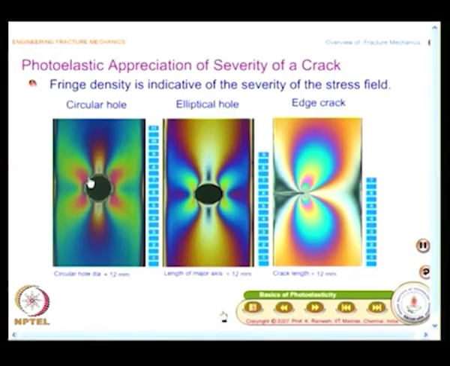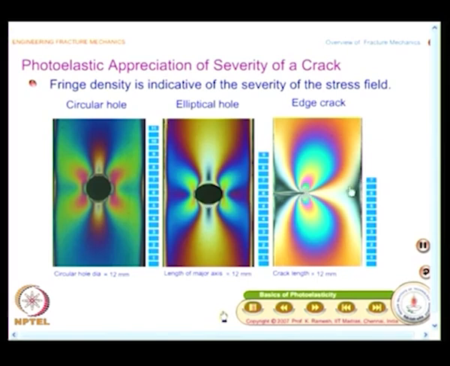And in order to emphasize that a crack is more dangerous than a circular hole or an elliptical hole, we also saw the fringe patterns. We will see those fringe patterns again. So, you have a plate with a circular hole, a plate with an elliptical hole, and a plate with a crack.